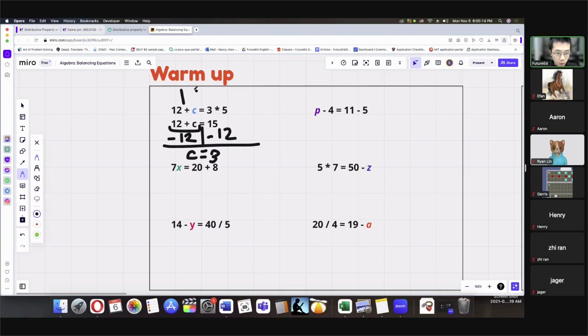And what is 3 times 5? 15. Also 15. So we see that C equals 3 is the correct answer. Thank you, Henry. Would you also like to try the second question, the P minus 4 one over here? So how would you start with that one?